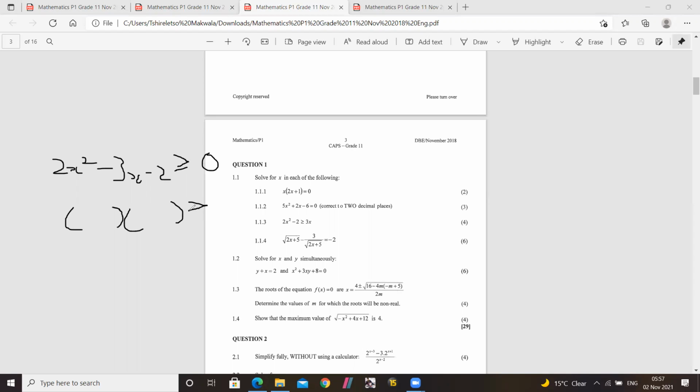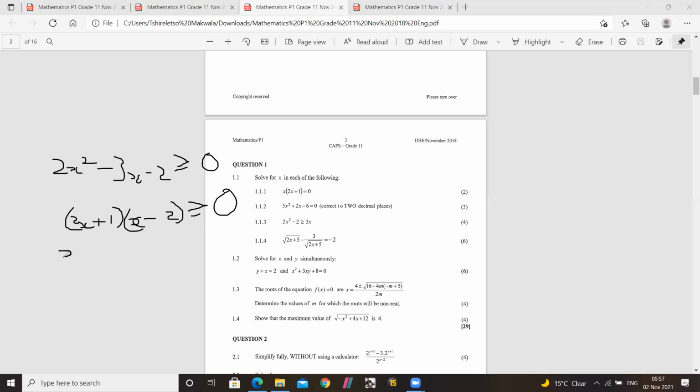Get two brackets. We say this is greater or equals to 0. Then 2x, then x minus 2, and plus 1.